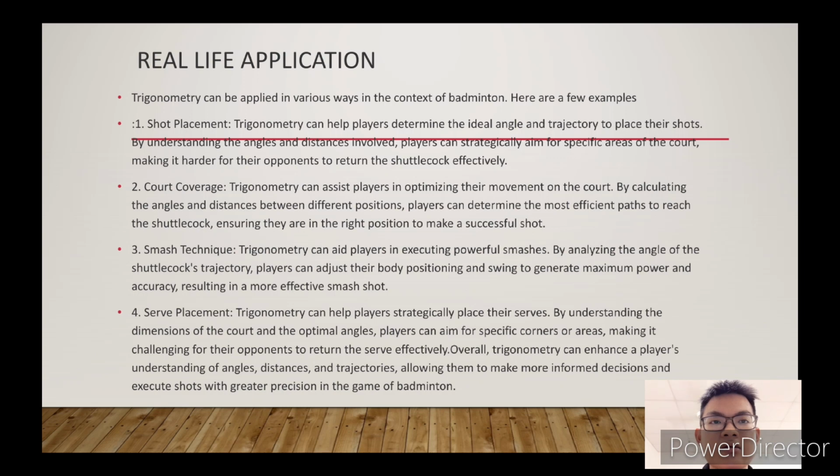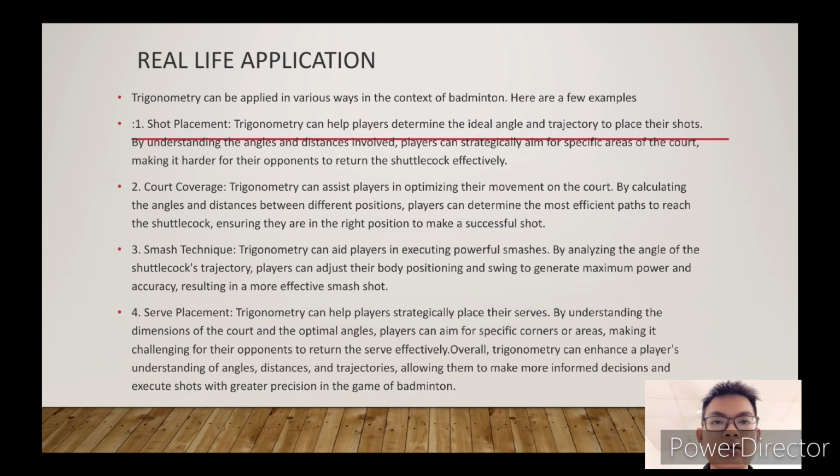Players can determine the more efficient path to reach the shuttlecock, ensuring they are in the right position to make a successful shot. For example 3, smash technique.